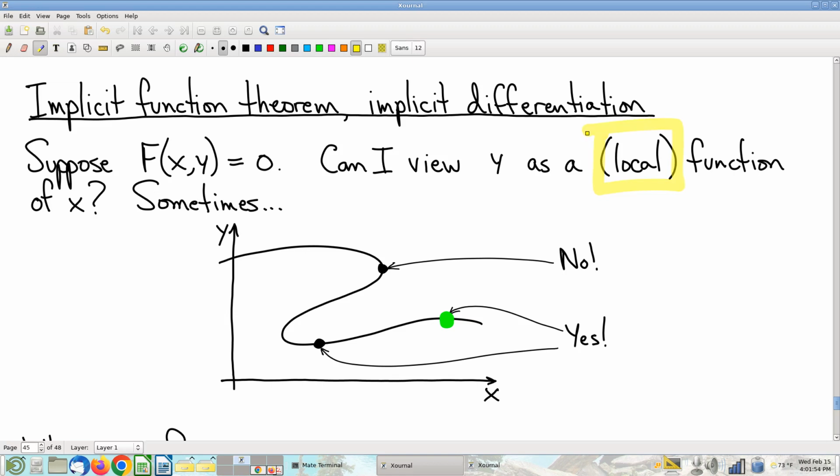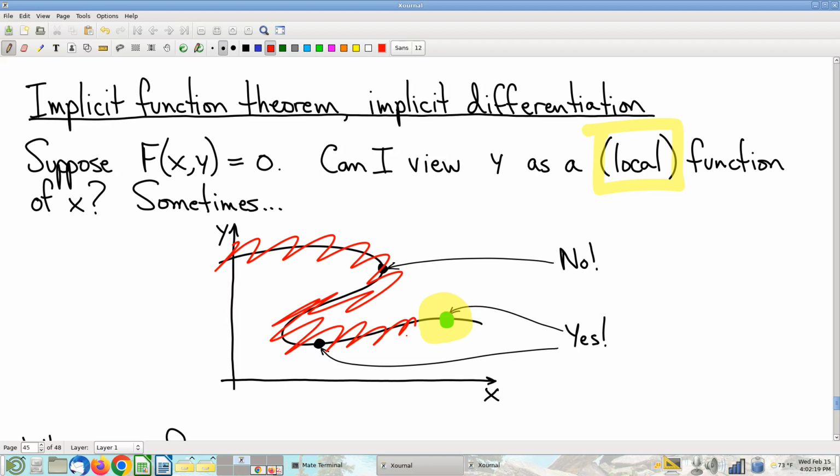Is y a local function of x, or locally can I view y as being a function of x? What we mean by locally is just look in the vicinity nearby. Said differently, feel free to throw away as much of the rest of the curve as you want. Just chop it and throw it in the garbage can, not at all what we're interested in talking about.